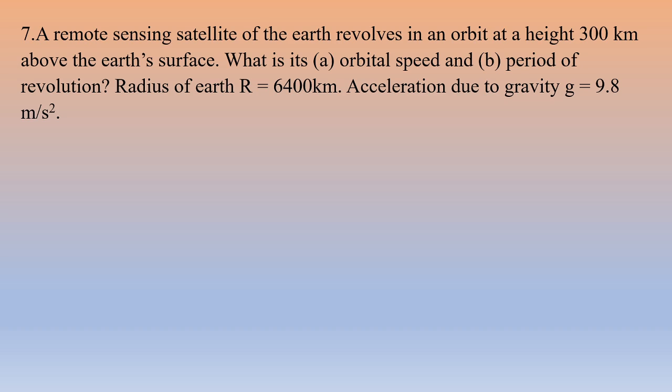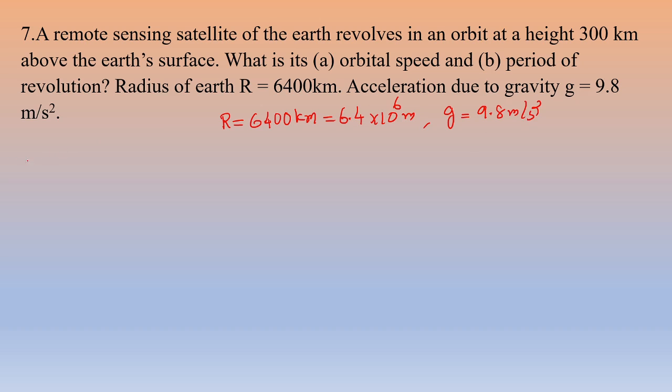So we have to use the formulas for the orbital velocity and the period of revolution. First we can express the value of the radius: 6,400 kilometer is equal to 6.4 into 10 raised to 6 meter, and also we are given the value of small g, that is 9.8 meter per second square.